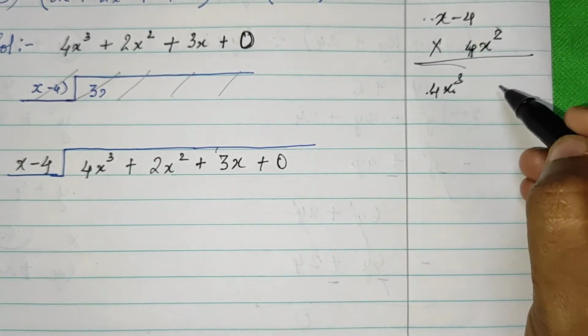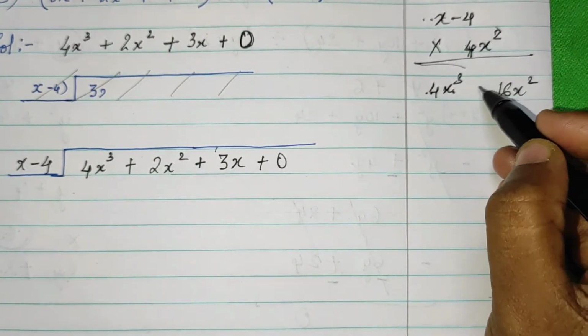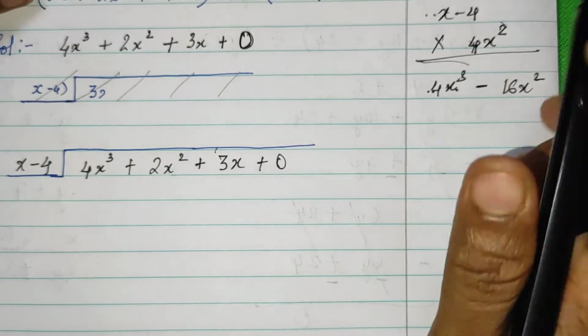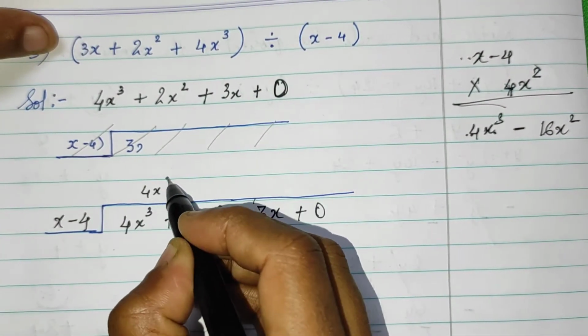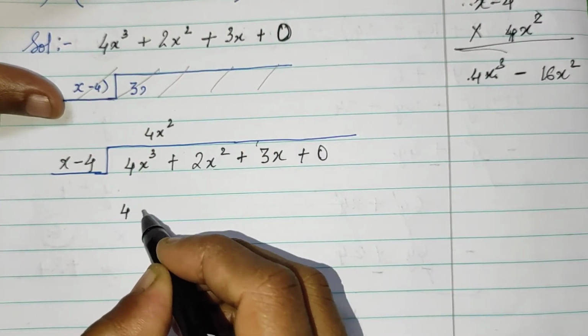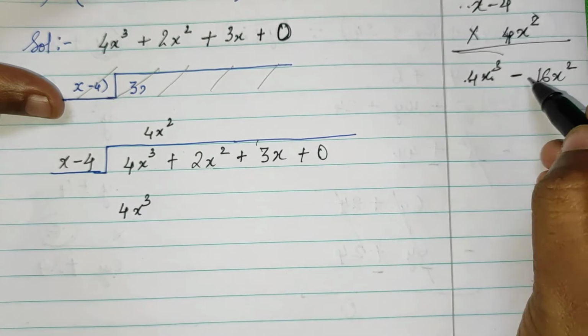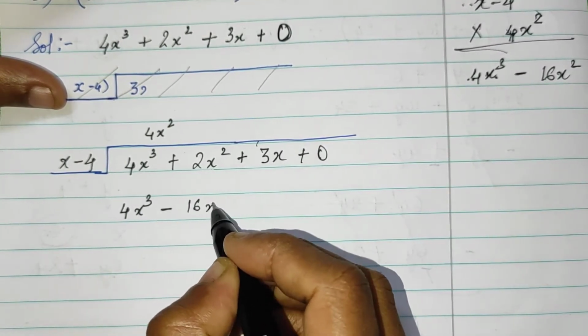Now 4 4s are 16, x squared, and plus into minus, minus. So that means when we multiply by 4x squared, we get 4x cubed minus 16x squared.